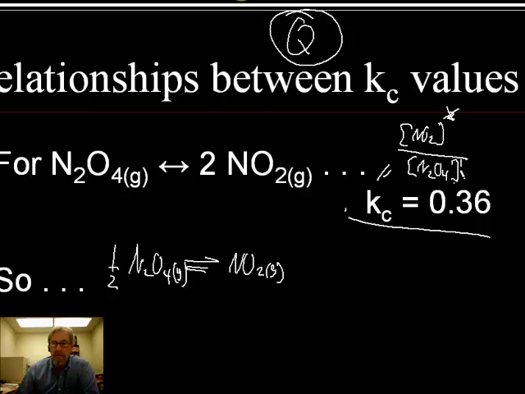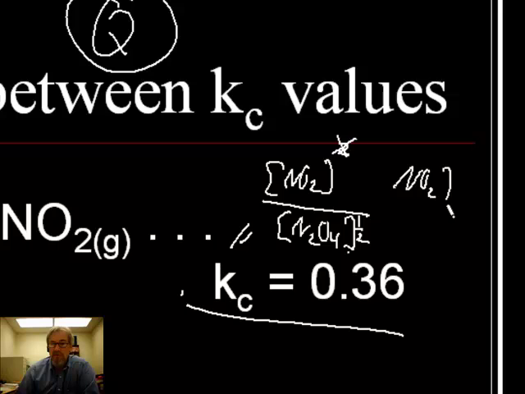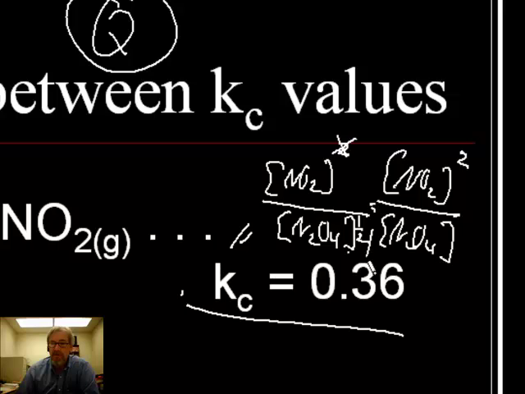What I've effectively done is I've taken the old K and I've taken the square root of it. So NO2 squared over N2O4 to the 1, I take the square root of it, and I have the new K expression.